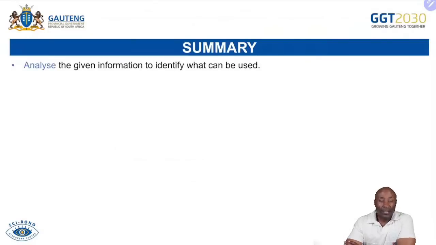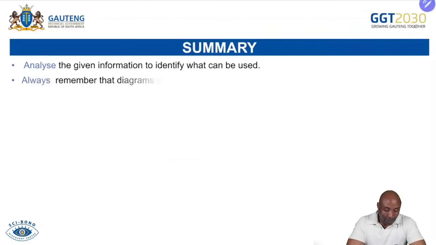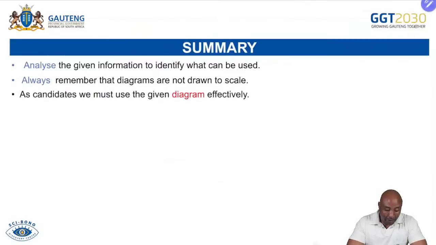In summary, please analyze the given information to identify what can be used. Always remember that diagrams are not drawn to scale. We cannot start measuring. As candidates, we must use the given diagram effectively.